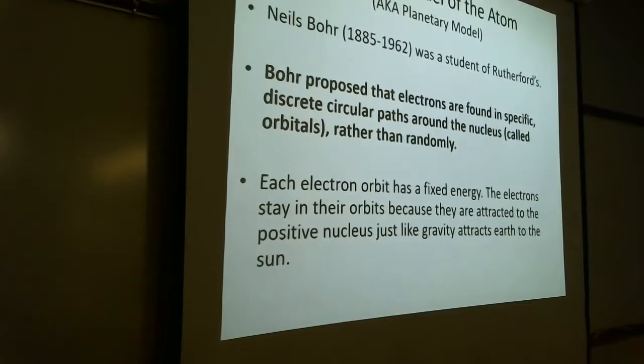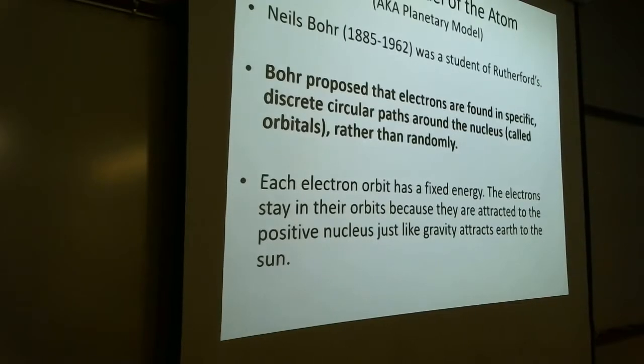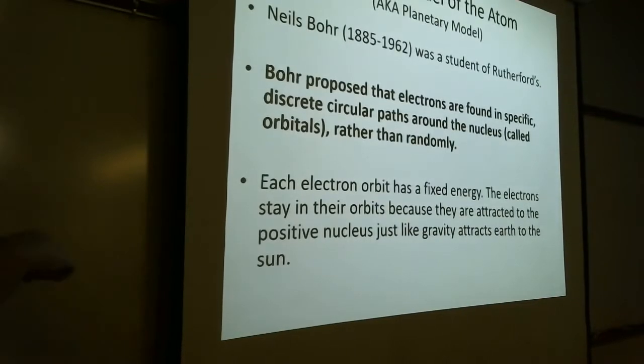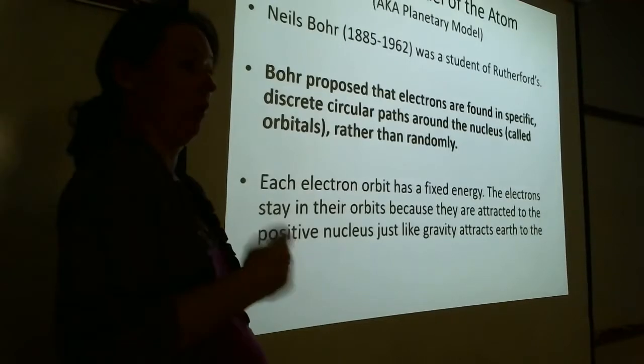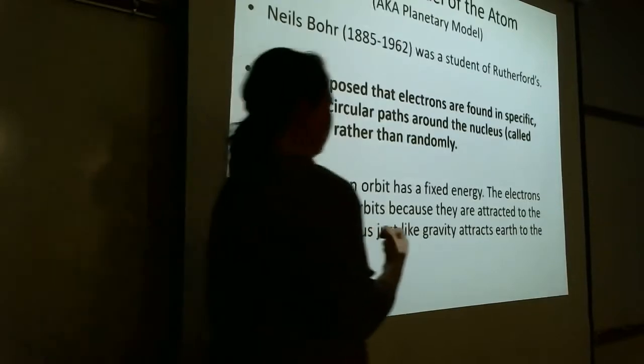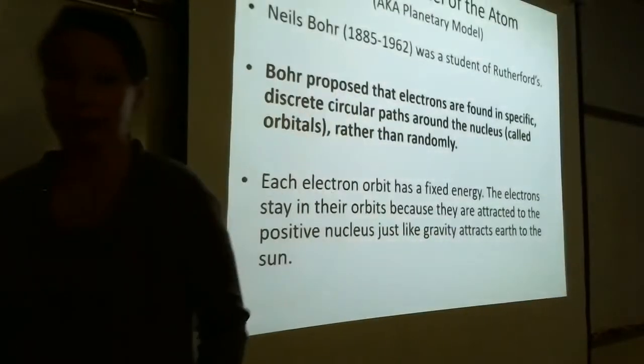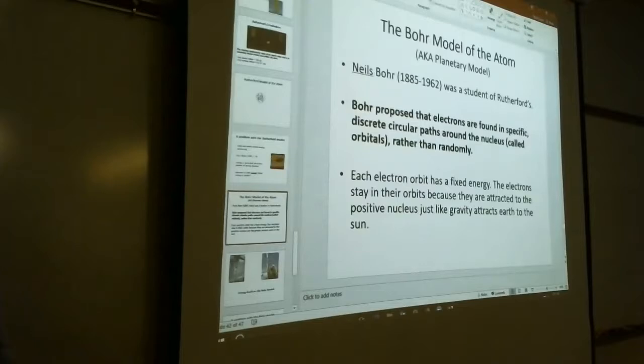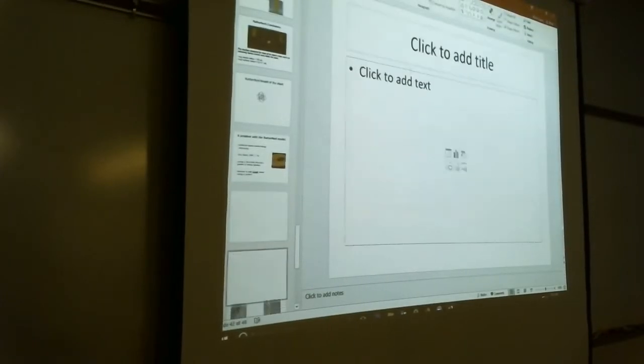So the Bohr model of the atom. I'm not going to make you memorize details about Bohr's experiments, okay, because there are a lot of them and they're kind of lengthy and detailed. So I just want you to be able to explain the Bohr model of the atom. I'm just going to sketch it for you here. Again, this is a model you're probably familiar with.